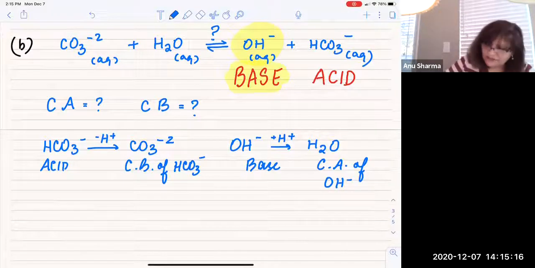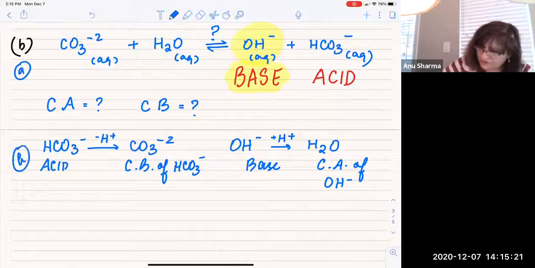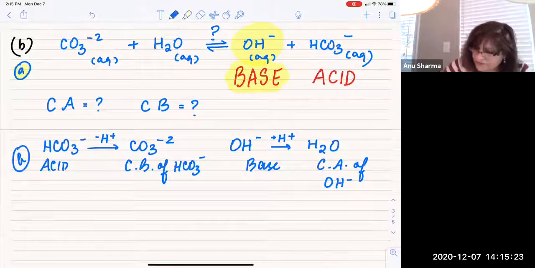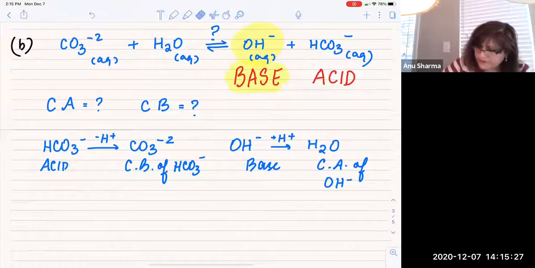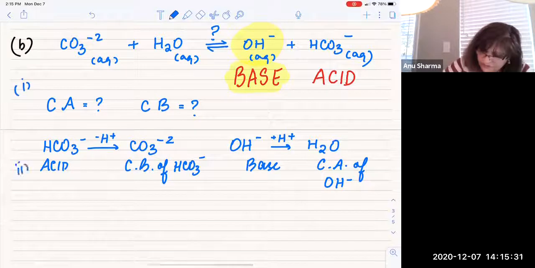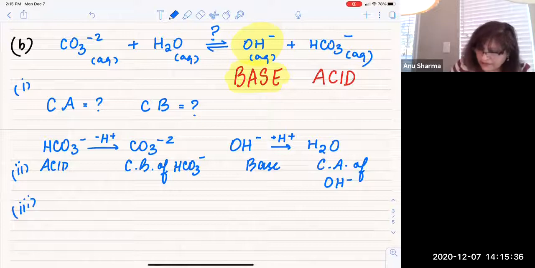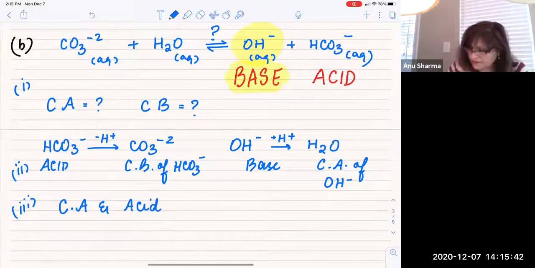Okay, this is the first step. This is the second step. Third step, now you're going to compare an acid to a conjugate acid, and a conjugate base to a base.